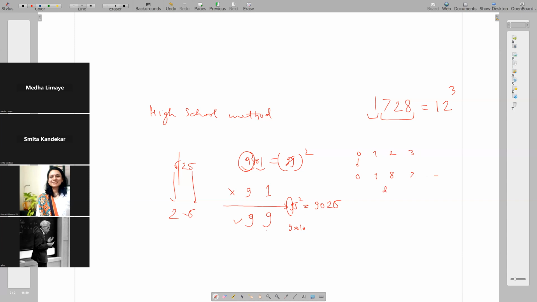So the unit places are distinct for cubes. Okay, because 3 is prime to 10. Yes, 3 is prime to 10.